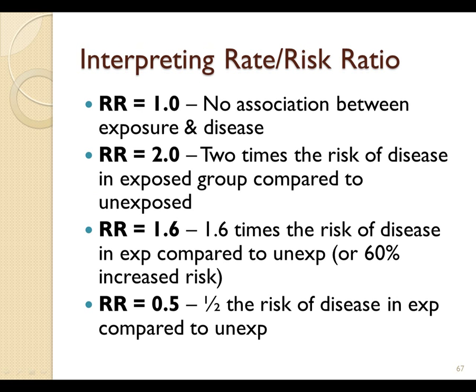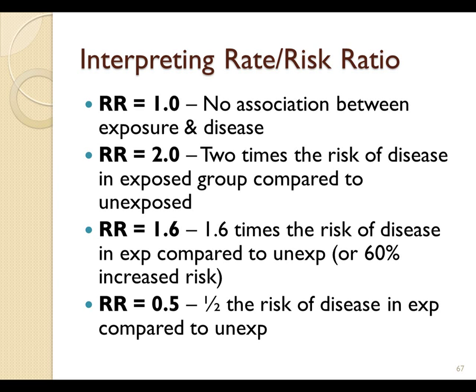Now, the rate ratio and the risk ratio are both measures of comparison, and they are ratio measures of comparison. When we're trying to interpret these ratios, a risk ratio or a rate ratio of 1 is indicative of no association between the exposure and disease.